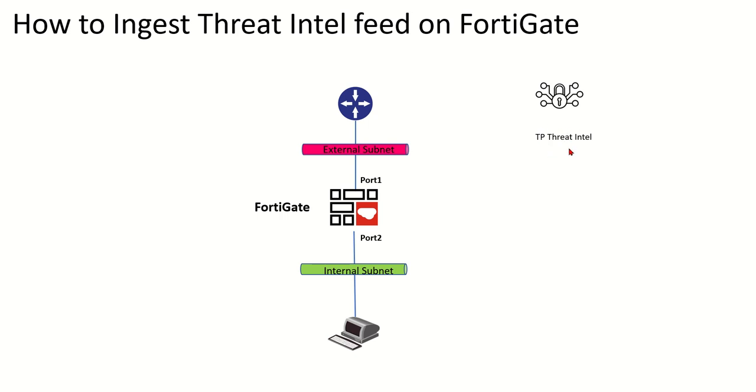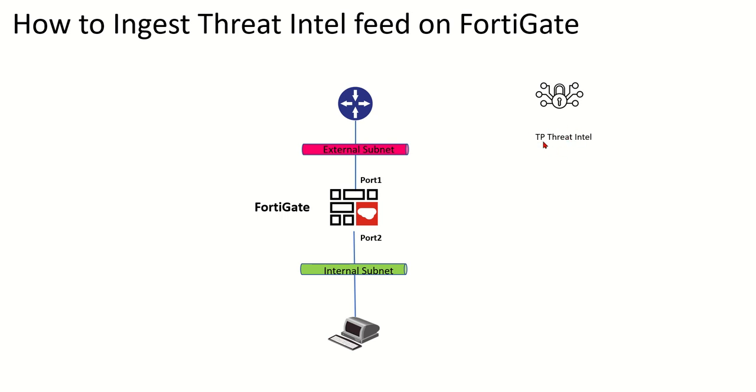you can also use the FortiGate IOC services itself, or maybe if you have your SOC services where you're combining threat intel from multiple sources, you can use that too, and then keep on updating your threat intel. FortiGate can simply use these services and ingest the feeds being updated on this threat intel platform.